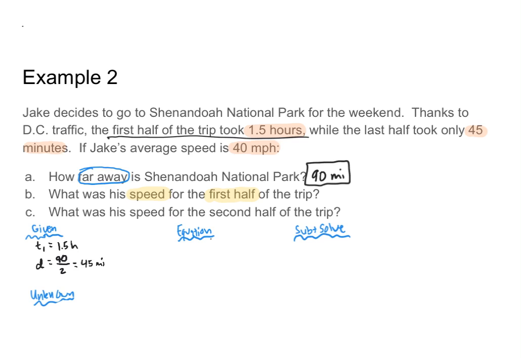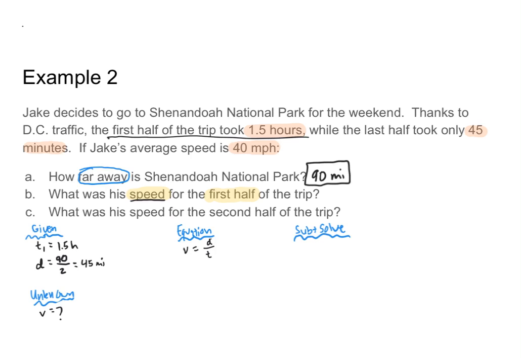Next, I need to figure out my unknown. And from the question, I know that I am trying to find Jake's speed. So let me go ahead and give you the equation. And the equation is going to be the same as our previous equation. Oh, guys, I just realized I represented speed with an S. Remember, speed is going to be a V. That's something that I sometimes mess up as well. So again, our equation is that your speed is equal to your distance over your time.